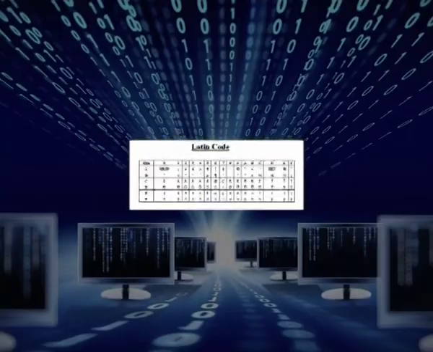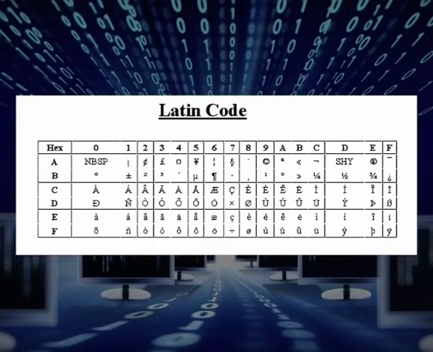Then comes 8-bit Latin code. ISO 8859 is a collection of 8-bit character encoding standards for the Western languages. ISO or IEC 8859-1, Latin alphabet number 1 or Latin 1 in short, is the most commonly used encoding scheme for Western European languages.